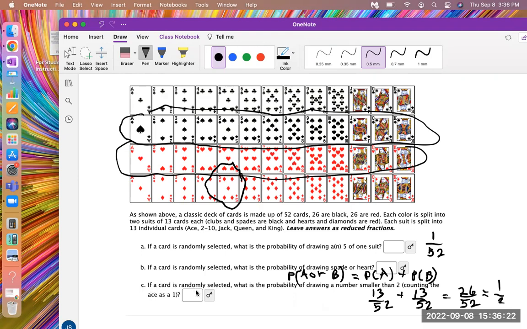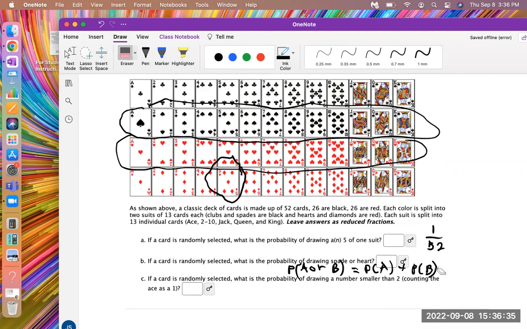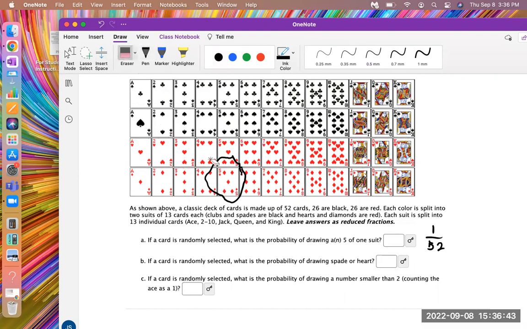And then they say if a card is randomly selected, what is the probability of drawing a number smaller than 2, counting the ace as 1? So we have to count the number of cards that are smaller than 2.